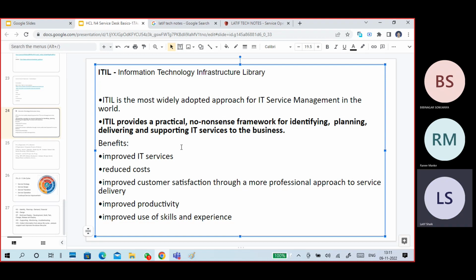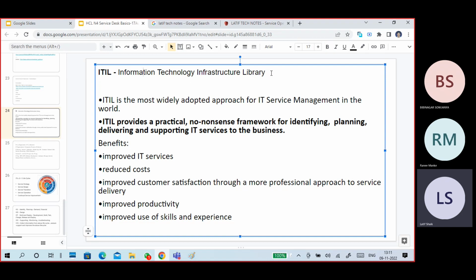These all come under IT service management. So, guys, this is the definition, or just a definition kind of stuff. This is the ITIL definition. See, what is ITIL?